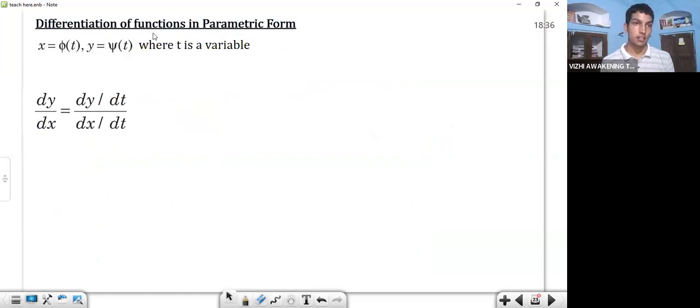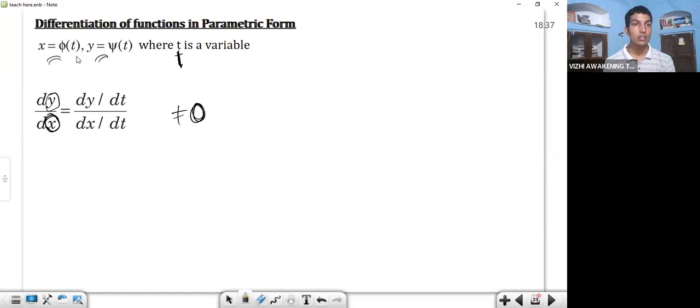Okay. So let's now talk about differentiation of function in parametric form. Here these are two functions x and y, where t is a variable. So we have functions x and y as represented, and we have to find out the change in y with respect to x. But the problem here is that it will not be 0. Why?